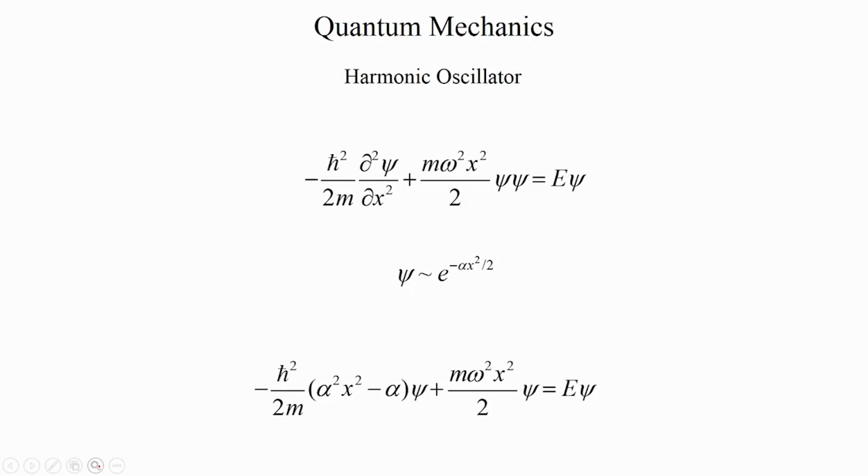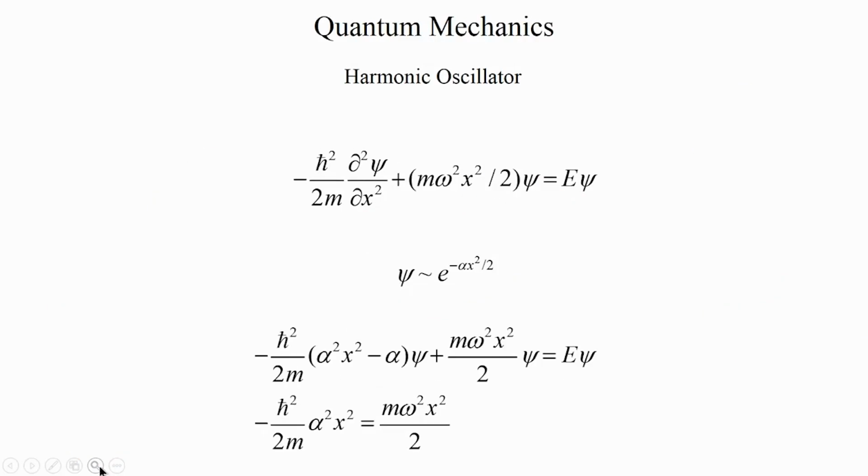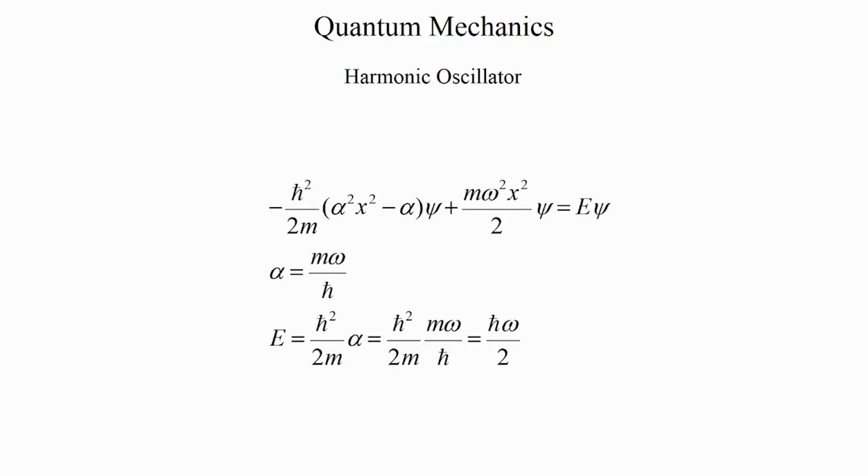So here is all this written out quite neatly. I need these two terms to be equal, and therefore my alpha has to be m omega by h bar. If alpha is equal to m omega by h bar, then I can now use this particular value of alpha to calculate what my E is. Now these two terms have cancelled off.